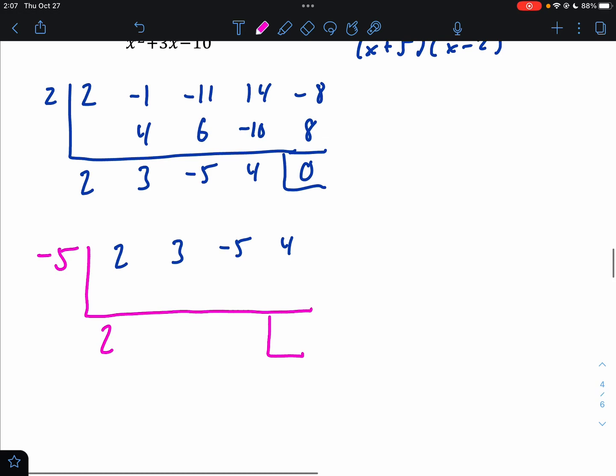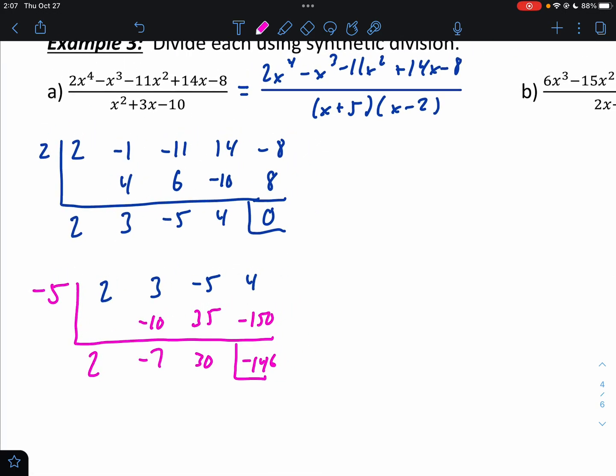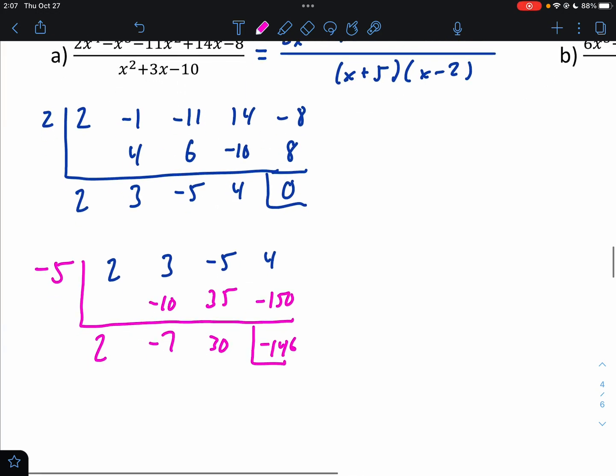So bring down, multiply, add, multiply, add, multiply, add. So our answer here is going to be 2x squared minus 7x plus 30 minus 146 over x plus 5.